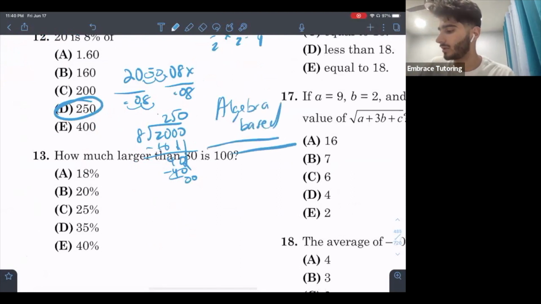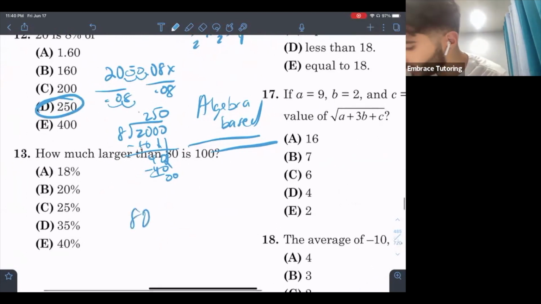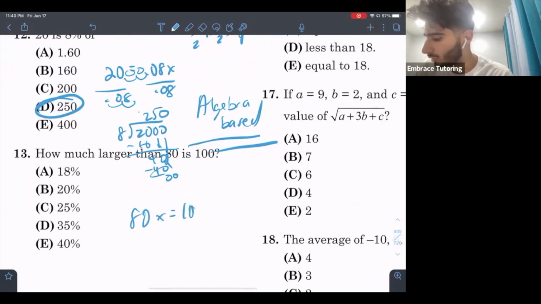Question 13. How much larger than 80 is 100? So this question may seem tricky. So what you have to do here is know that you set it up as 80x is equal to 100, divided by 80 on both sides.